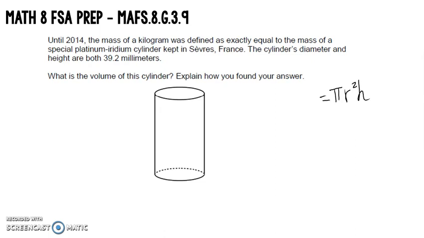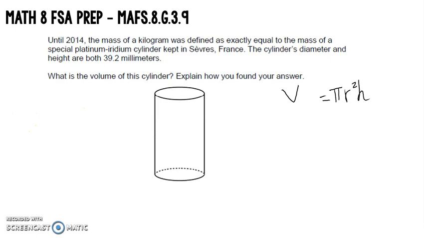So it says until 2014, the mass of a kilogram was defined as exactly equal to the mass of a special platinum iridium cylinder kept in Sevres, France. The cylinder's diameter and height are both 39.2 millimeters. What is the volume of the cylinder?